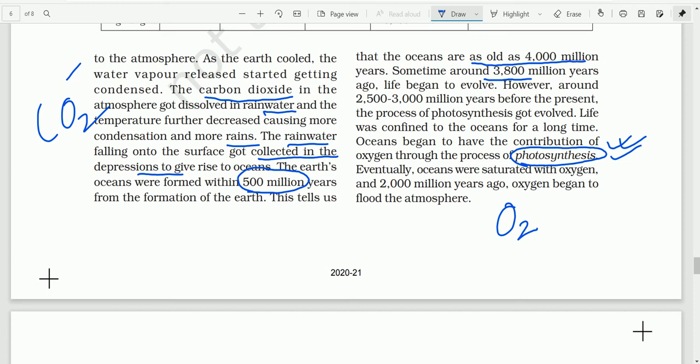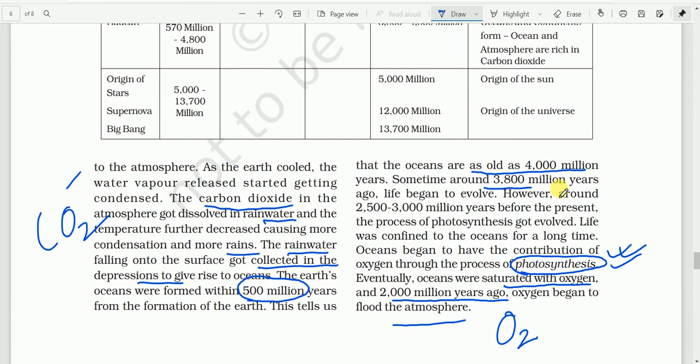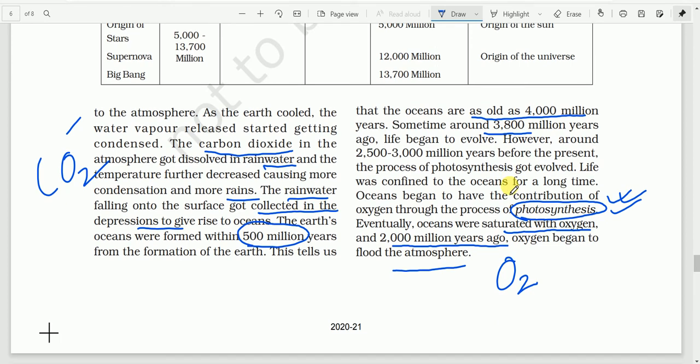Eventually oceans were saturated with oxygen, and 2,000 million years ago oxygen began to flood the atmosphere, thus forming the present day atmosphere. So this is about the origin of the present day atmosphere and the hydrosphere.